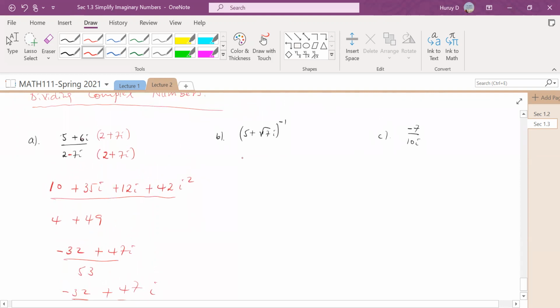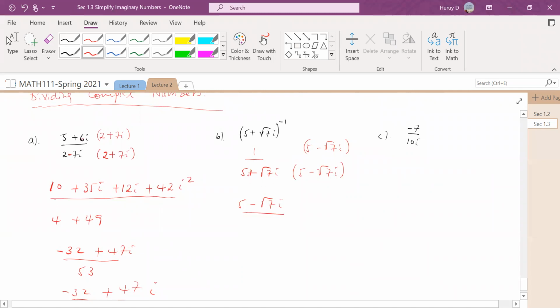And for this one, you have (5 + √7 i) to the power of negative 1, and you have to rewrite it. So this is 1 over 5 plus square root of 7 i. Now multiply both sides by the conjugate of this. And then on the numerator side, we have 5 minus √7 i.